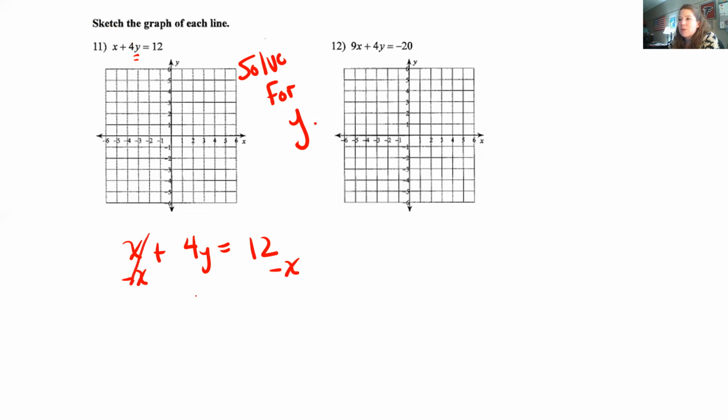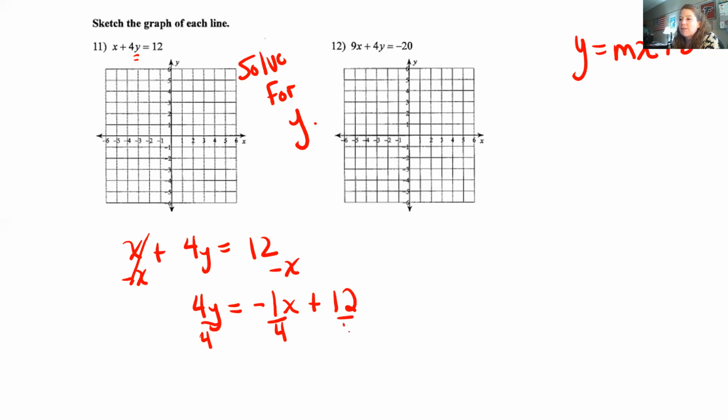I bring down my 4y. I like writing my x's first just because that's what I'm used to. I'm going to bring my negative x. So basically that's -1. If you don't see a number, it's a 1. So this means -1x, and this is a +12. Then the only way to get rid of times 4 is to divide every single number by 4.